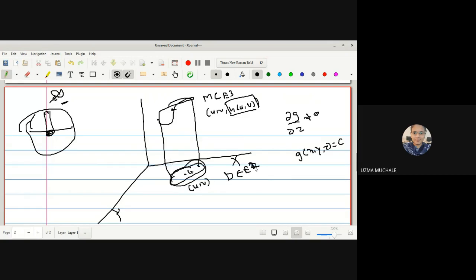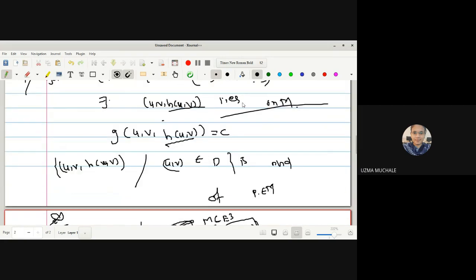For every point (u, v) in D, we can find the image in M such that the set of all those points is a neighborhood of that point. Correct? The set of all the points (u, v, h(u,v)) is working as a neighborhood of a point P on a surface M.